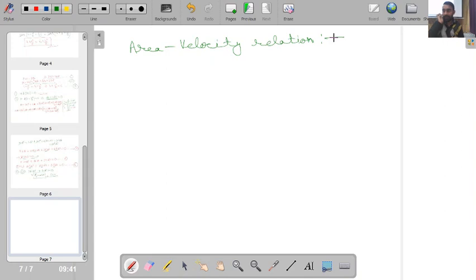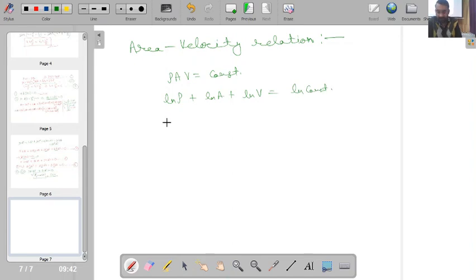So if I start with the continuity equation, then I know that rho AV is equal to constant. If I take log of this on both sides, ln of rho plus ln of A plus ln of V will be equal to ln of constant.